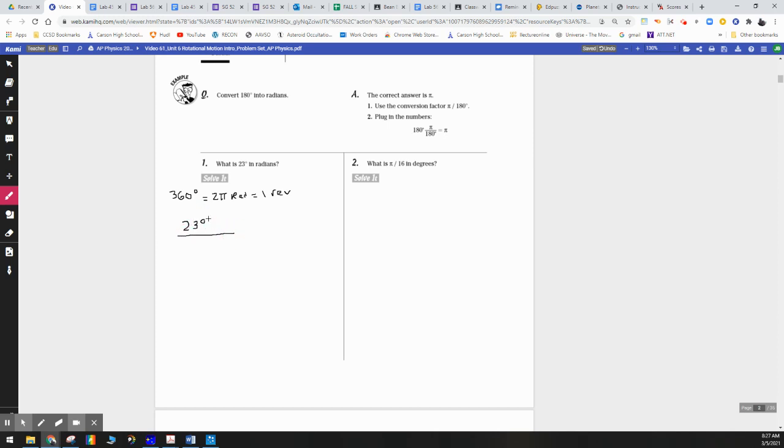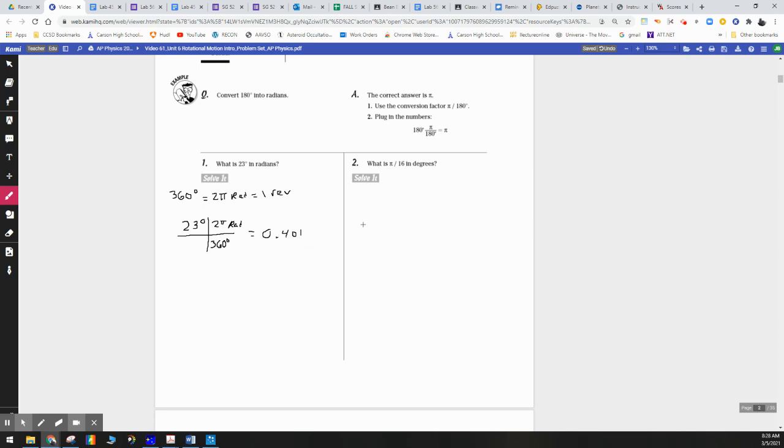We're going to use the factor label method, and we'll put down 360 degrees here, and up here I'll put down 2 pi radians. This equals 23 times 6.28 divided by 360, so it should give us roughly 0.401.